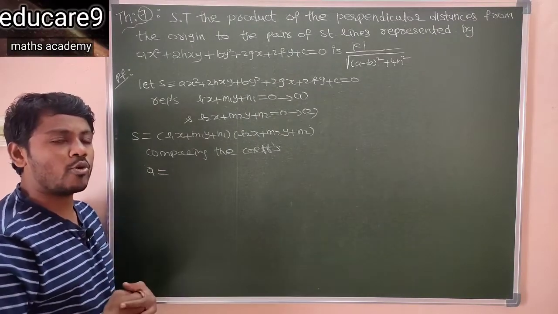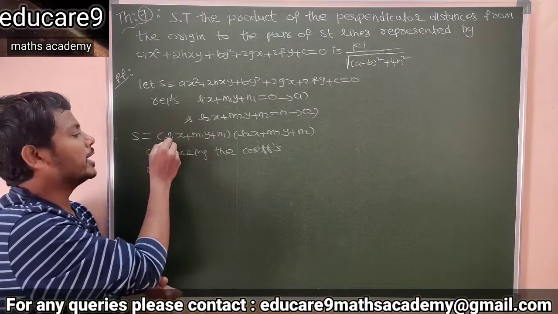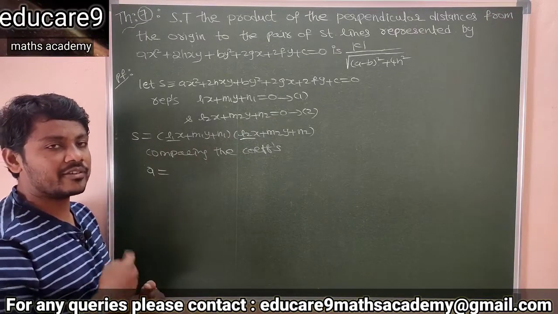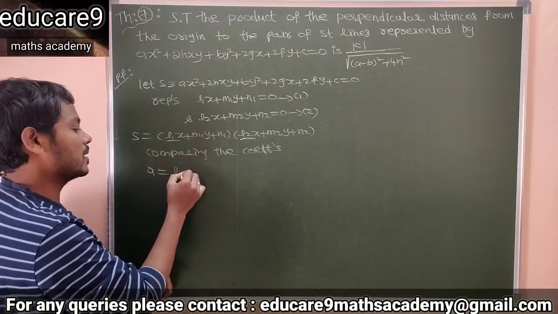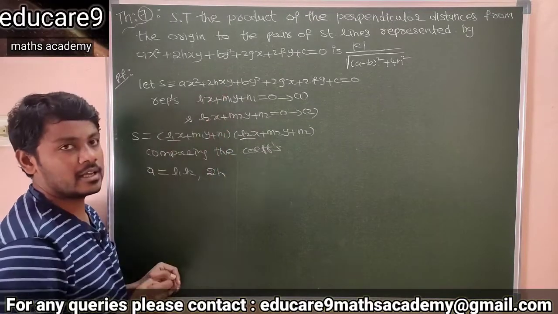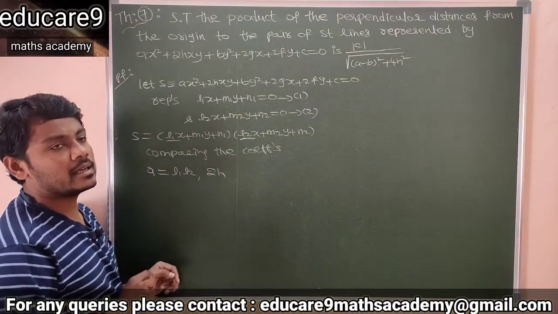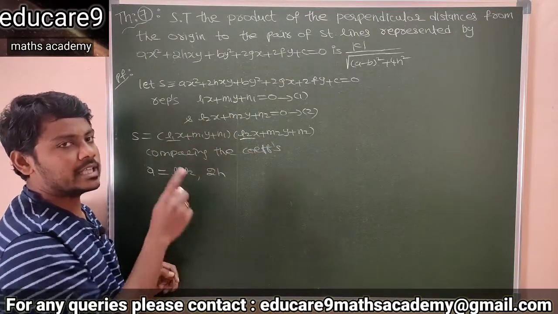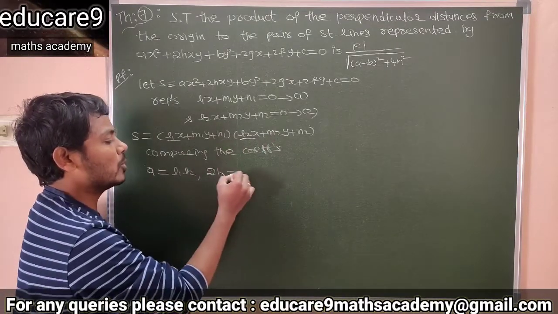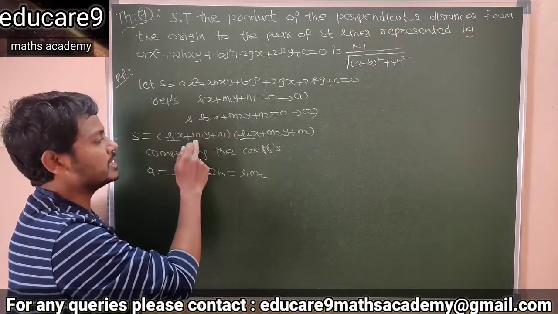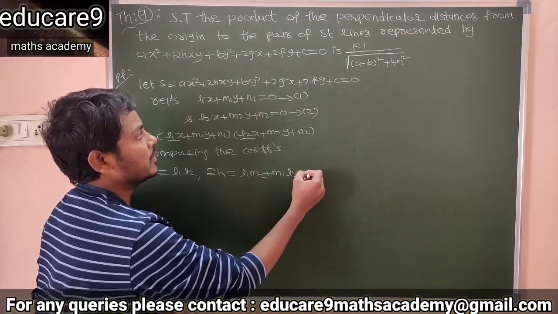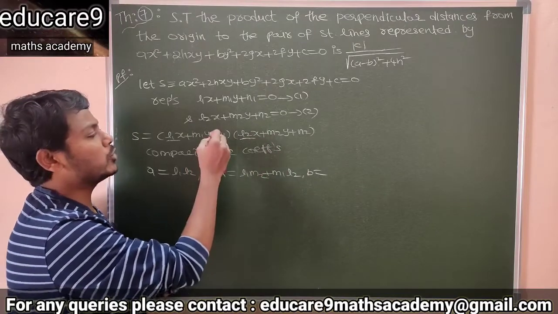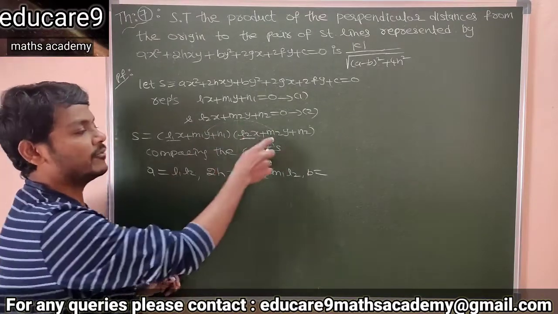How to get the x² coefficient on the RHS? You need to take the x term from each factor; multiplying these two we get L1L2x². So the x² coefficient is L1L2. Similarly for the xy coefficient, for the first factor take the x term and for the second take the y term, that is L1M2, next the y term and x term, that is M1L2. So 2h = L1M2 + M1L2. The y² coefficient on the LHS is b; on the RHS you take both y coefficients, that is M1M2.